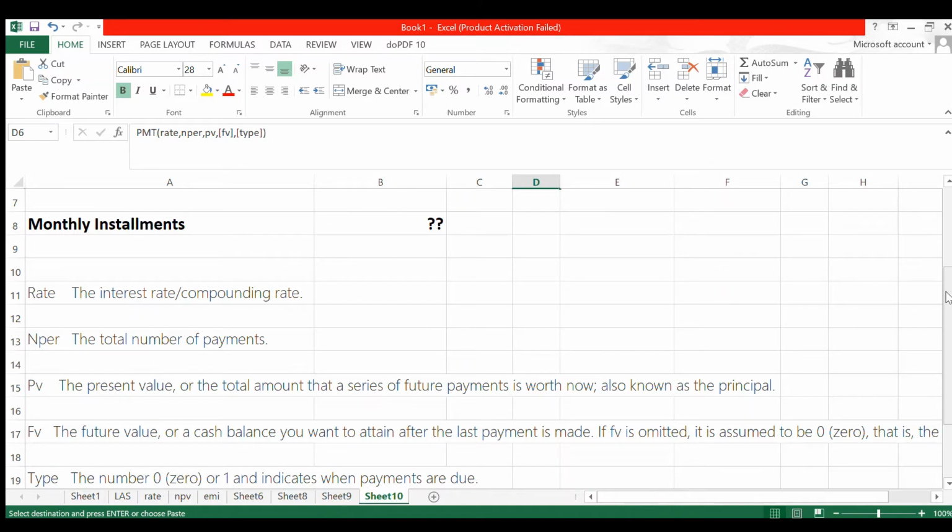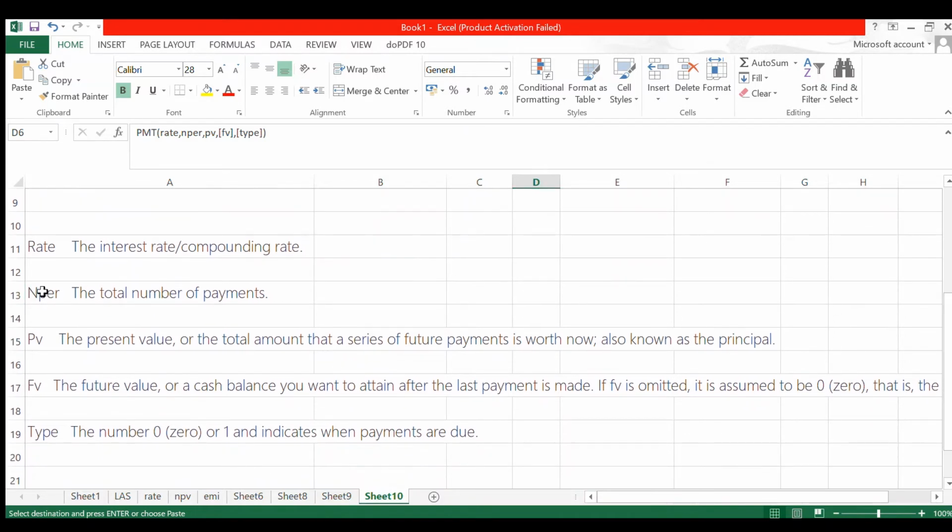The next input value is NPER, that means the total number of payments. In case of loan, it is the loan payments, loan EMI, and in case of saving, it is the total number of saving payments.